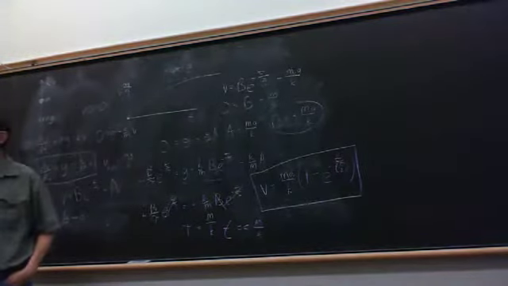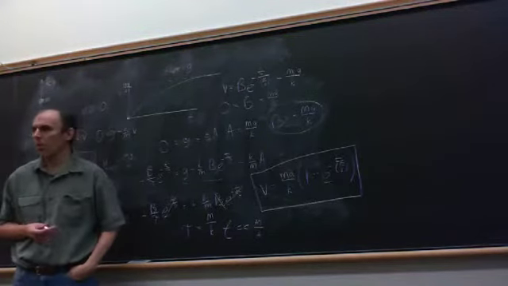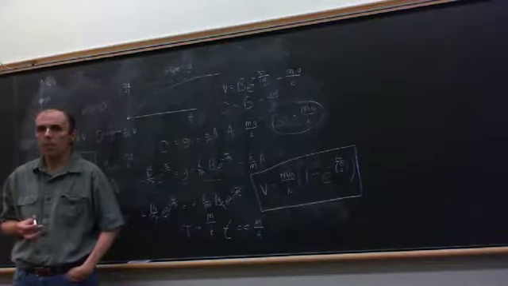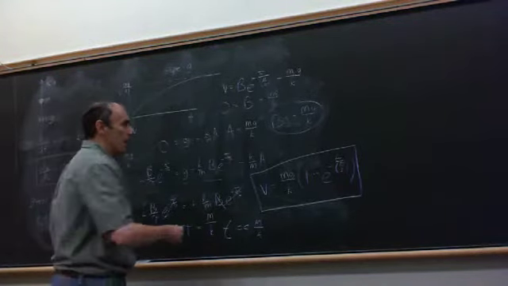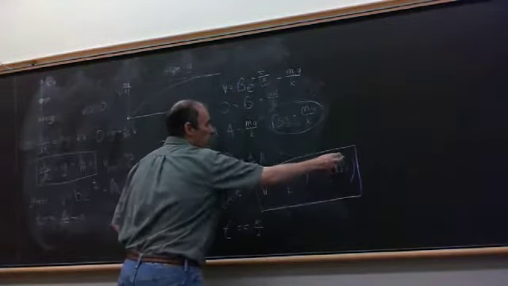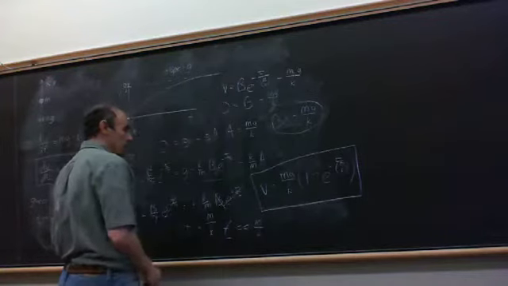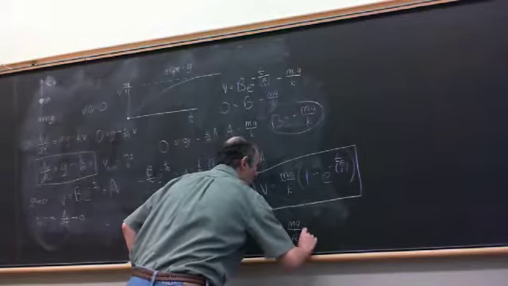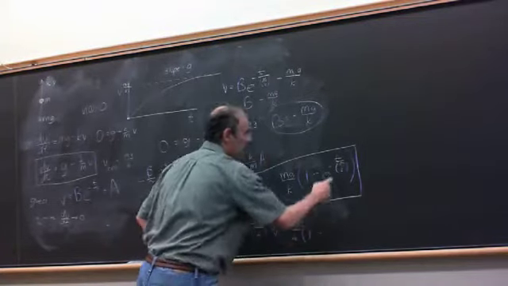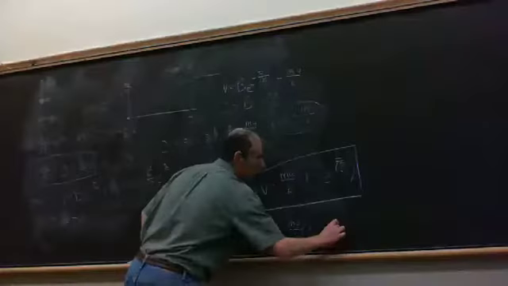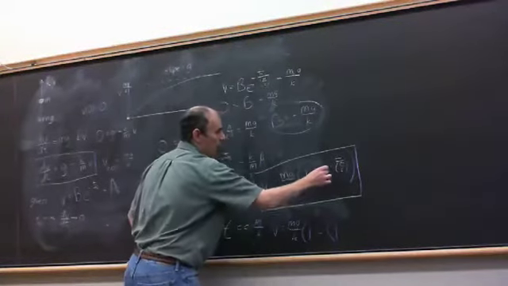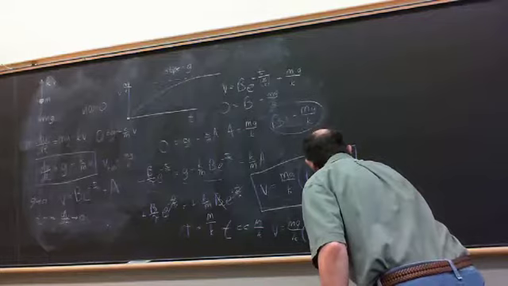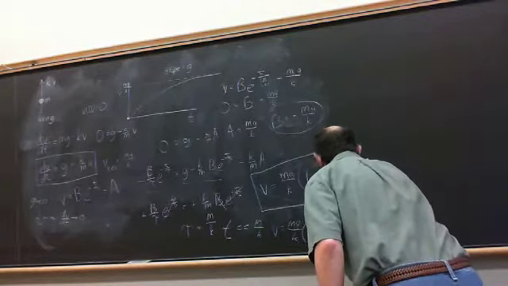What was our approximation for the exponential for small argument? 1 plus t, or in this case 1 minus whatever is up here in the exponential. So v is equal to mg over k times 1 minus, and we're going to approximate the exponential as 1 minus t over m over k.